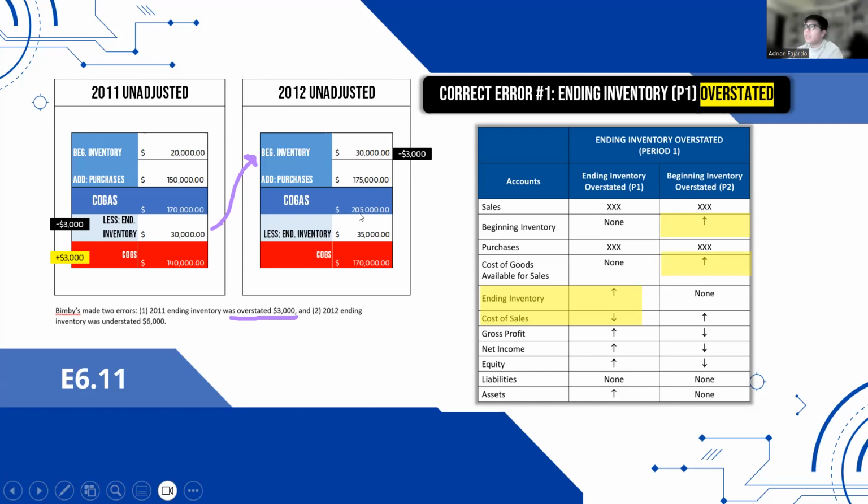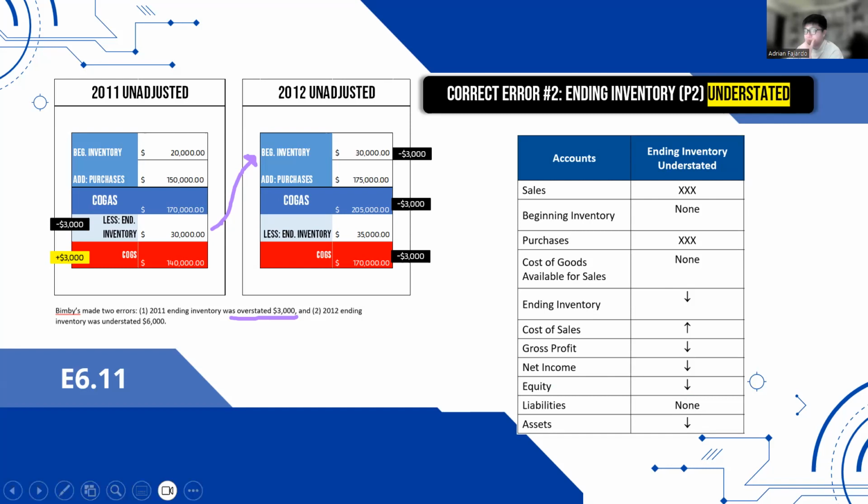So because it is overstated by 3,000, we have to subtract 3,000. And finally, because your COGS is overstated, your cost of sales is overstated. The 170 is overstated by 3,000, so we have to subtract 3,000. So that's error number 1.